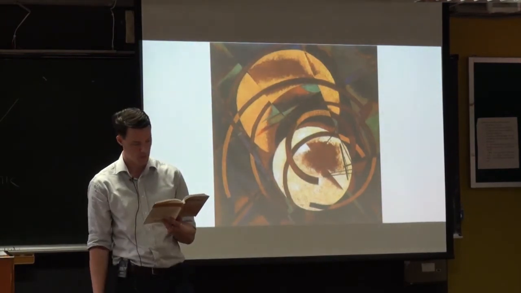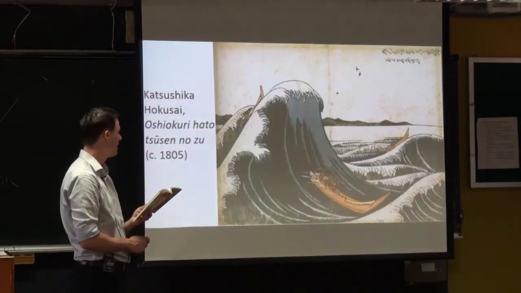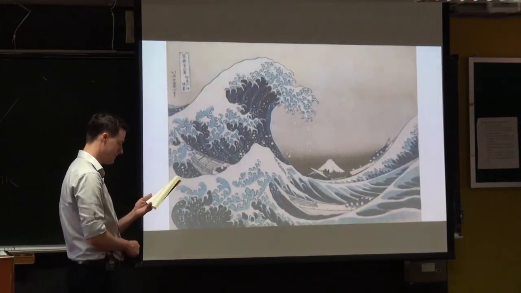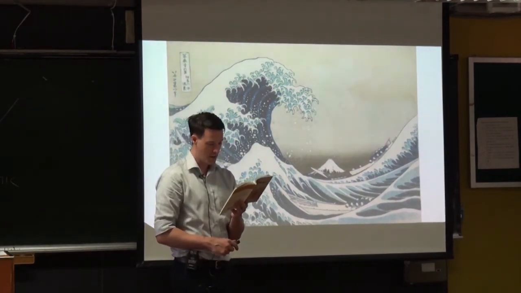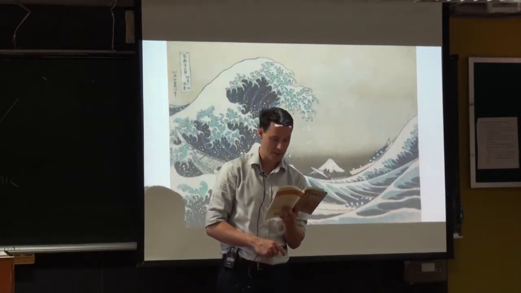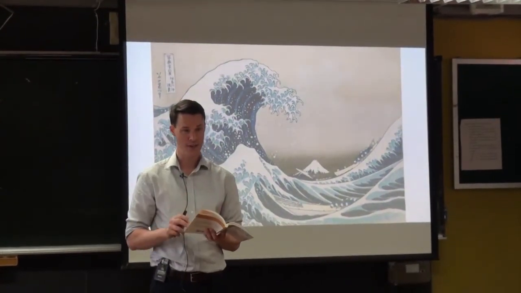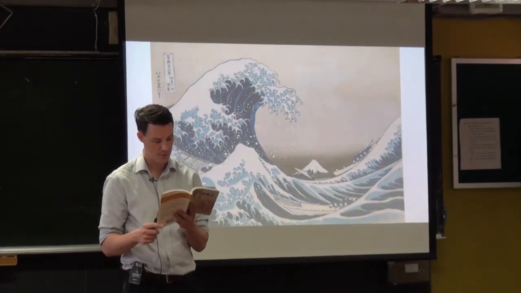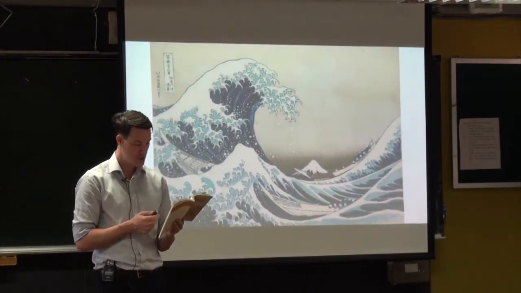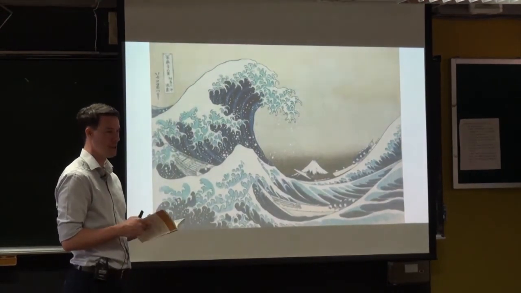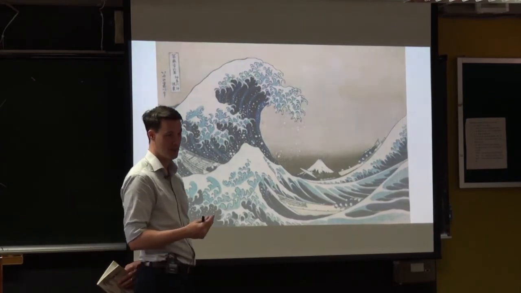3, we can't see the horizon line in Hokusai's painting. No horizon. Did you know that the image of Mount Fuji appears in many of Hokusai's paintings? He actually painted a whole series of paintings about Mount Fuji that were very famous. The motion in Hokusai's painting is circular. Why is the movement circular?